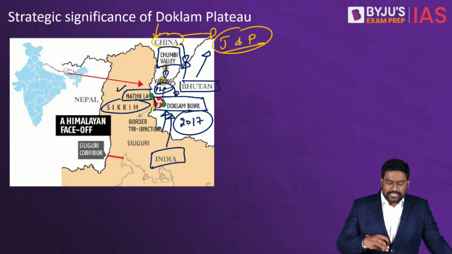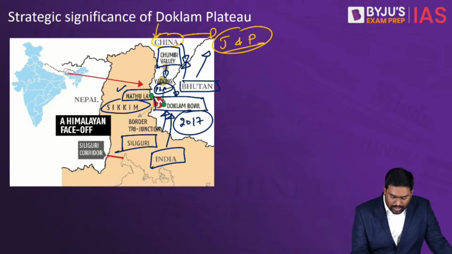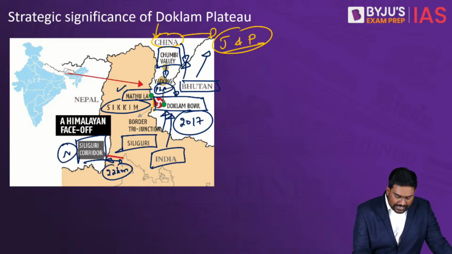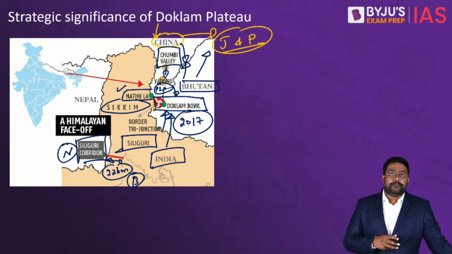And it's believed that those who control Doklam get a vantage point, a leverage over the Siliguri corridor, which is a weak point for India. This narrow corridor of India you see here is hardly 22 kilometers in width. It's sandwiched between Nepal and Bangladesh, and that's the only link between Northeast India and the rest of India.